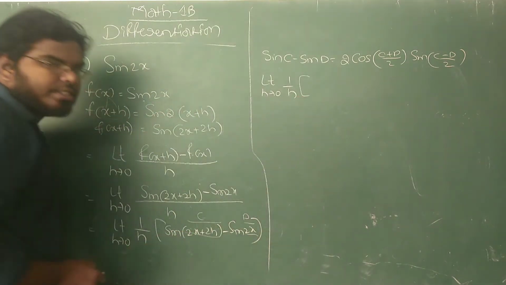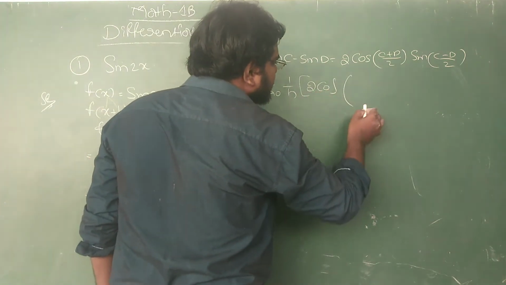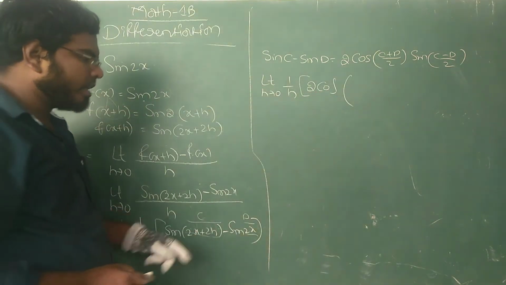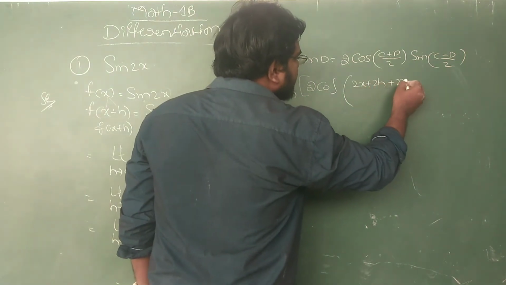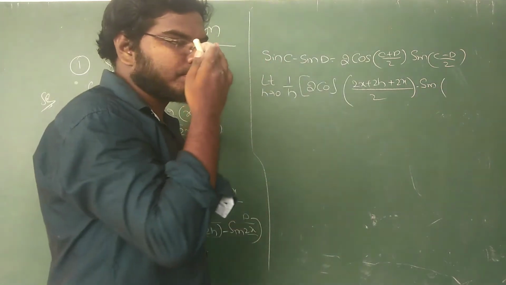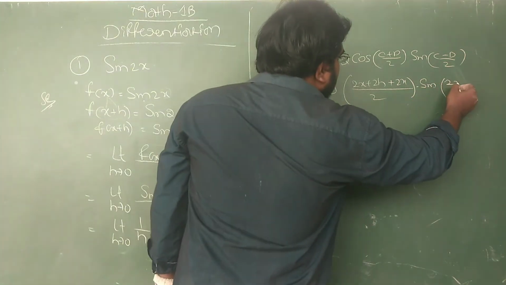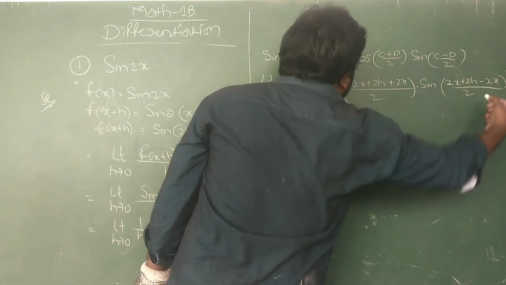This is C, this one is D. First 2 cos of (2x plus 2h plus 2x) by 2, into sin of (2x plus 2h minus 2x) by 2.